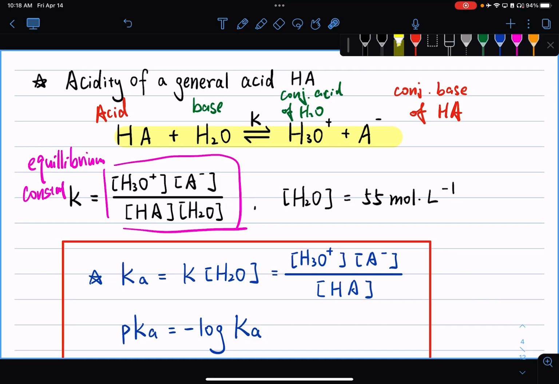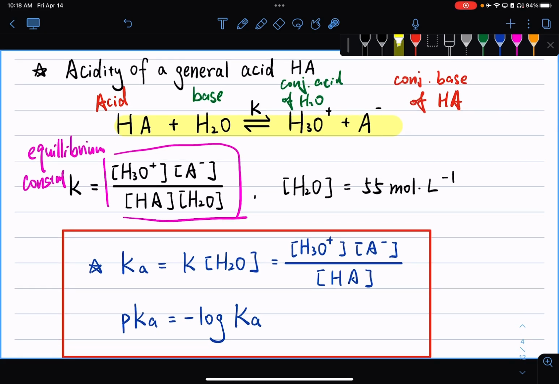So when we talk about the acidity of a specific acid, HA, it's the same as saying the conjugate base, A-, is more stable. With a more stable A-, we have a larger equilibrium constant, and that pushes my reaction towards the product side, making the reaction more favorable. So that's a quick connection to our previous topic on kinetics and equilibrium.